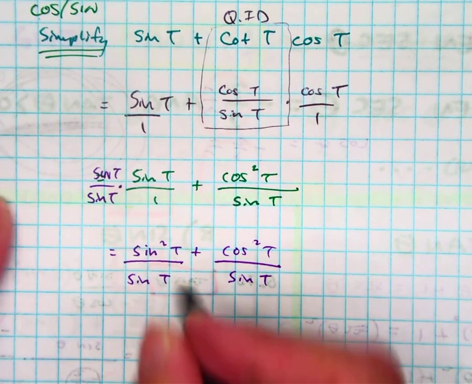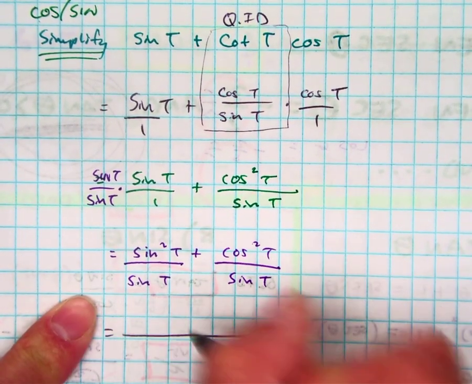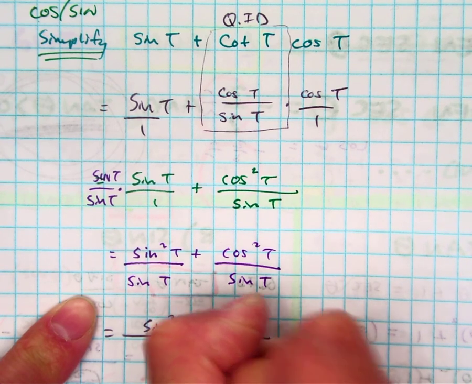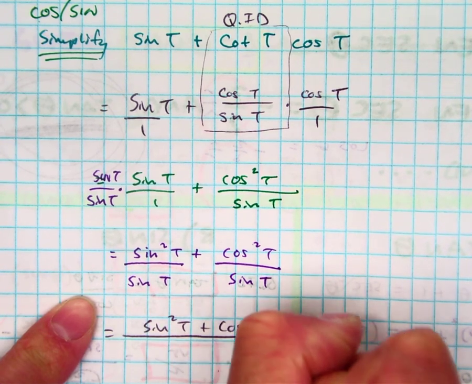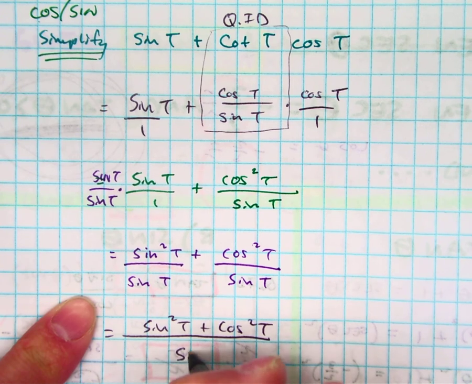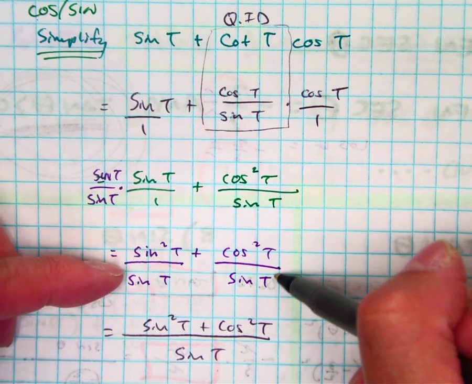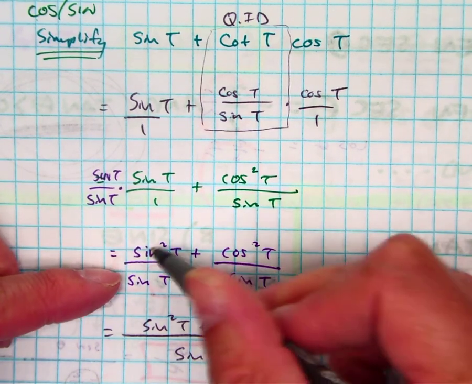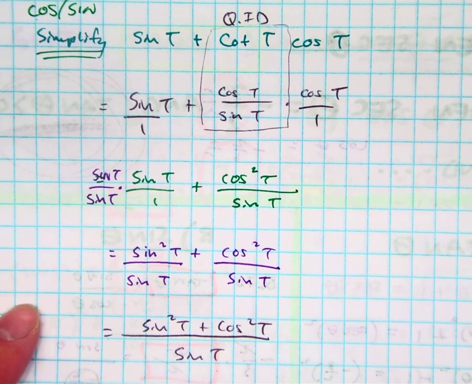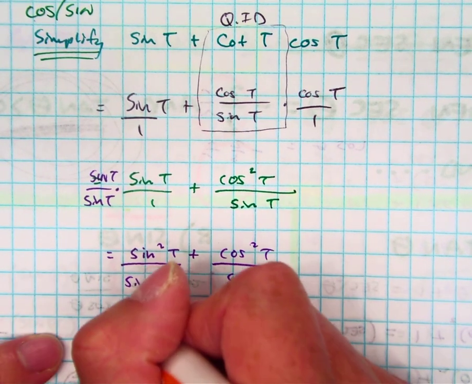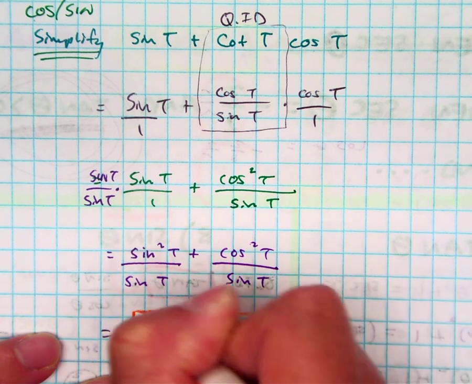Now that they have a common denominator, now I can combine the fraction: sine squared t plus cosine squared t all over sine of t. So again, when the denominators are the same, now I can add the numerators. Look at your formula sheet.